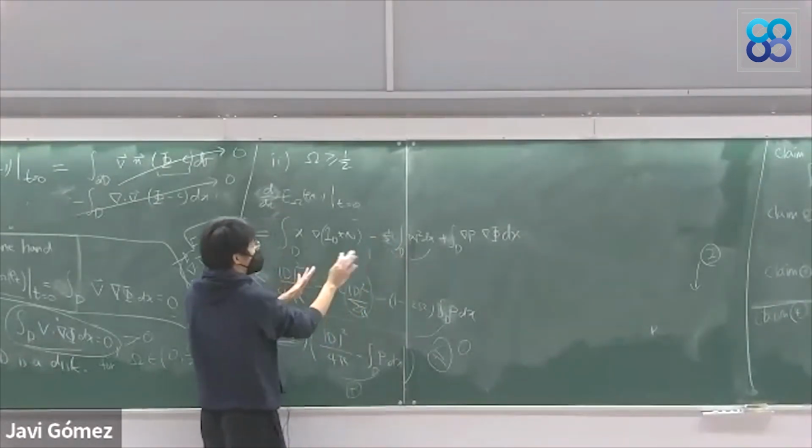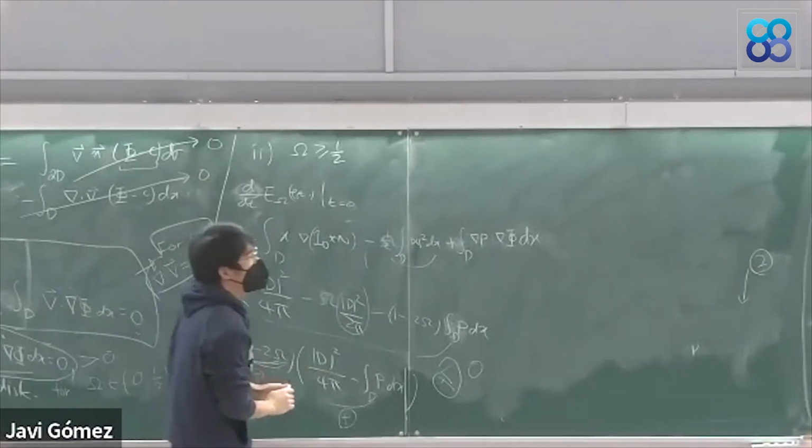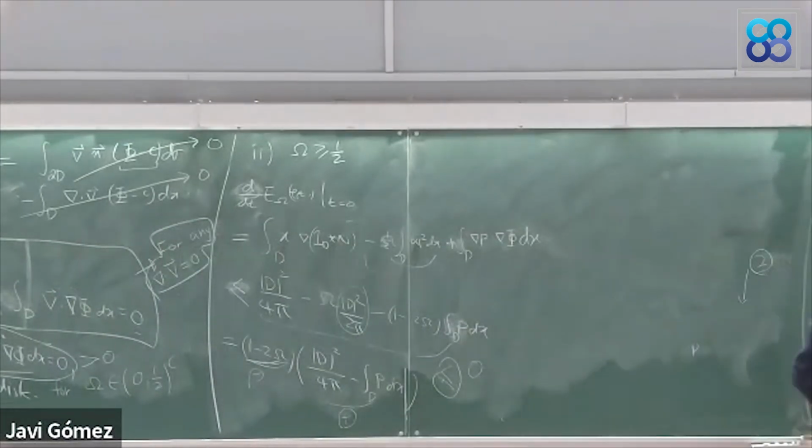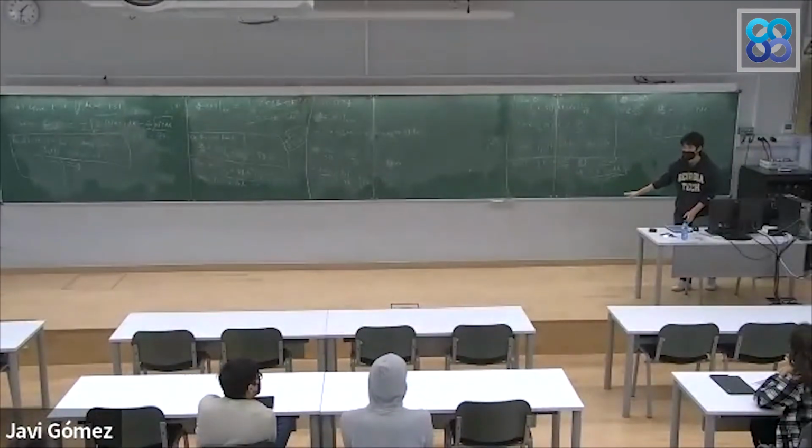Then the argument will go through the same way. So let me leave out the details. And yes, I'm sorry for using 2 more minutes, but I think I can finish here. But I will prove these 4 claims tomorrow, and then not tomorrow, on Wednesday. Thank you very much. I think that's it.